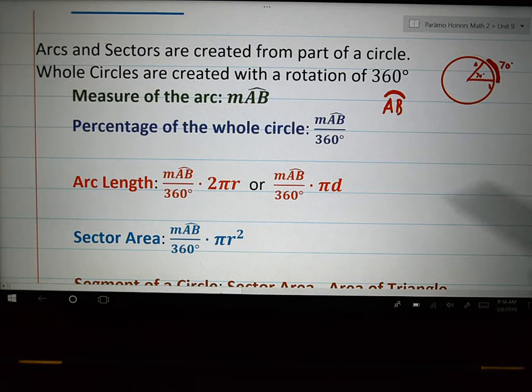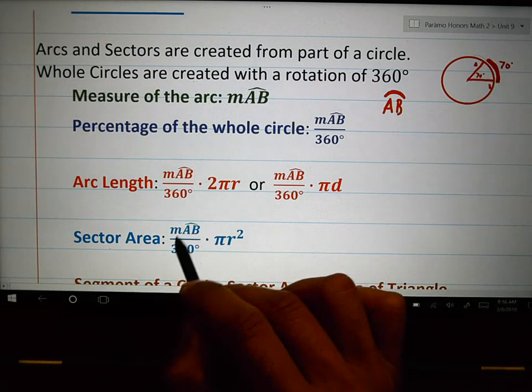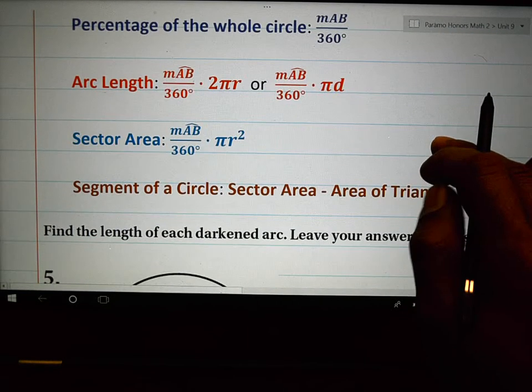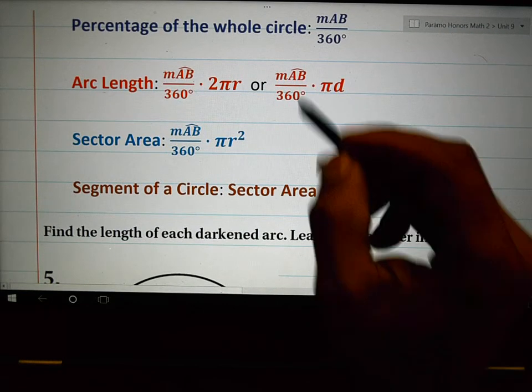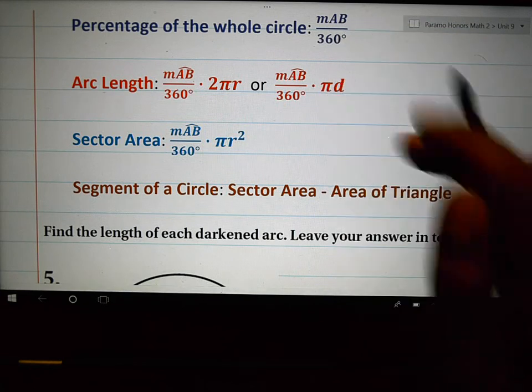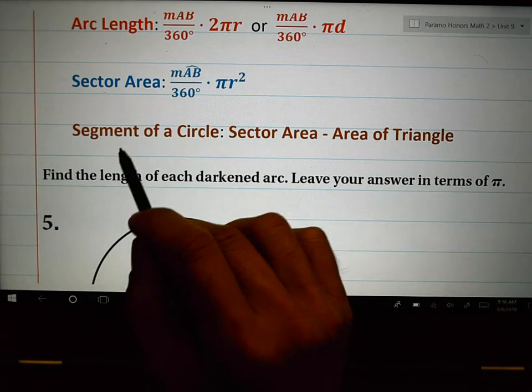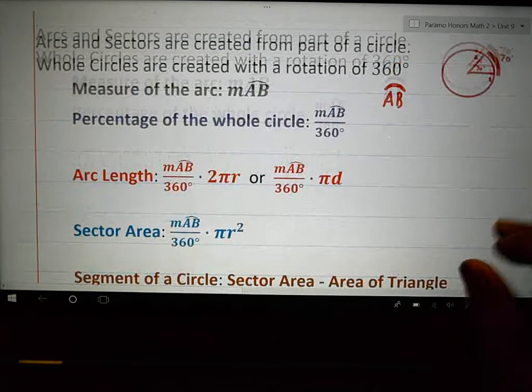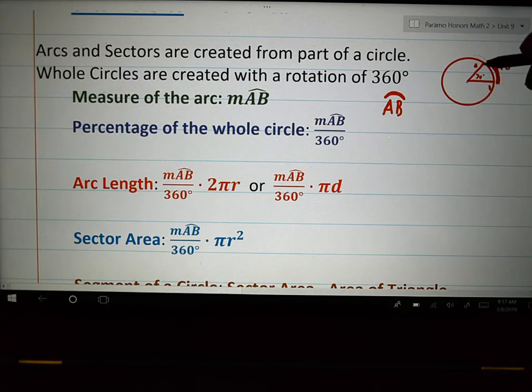Whereas if I wanted to find the area of the sector, or the filled in region, you're going to take the percentage times pi r squared. Both of these formulas are somewhat common sense if you know how to get that percentage. The last thing that we're going to talk about is the segment of a circle. The segment area. Sometimes we're going to draw this line from here to here, and we're going to fill this stuff in.